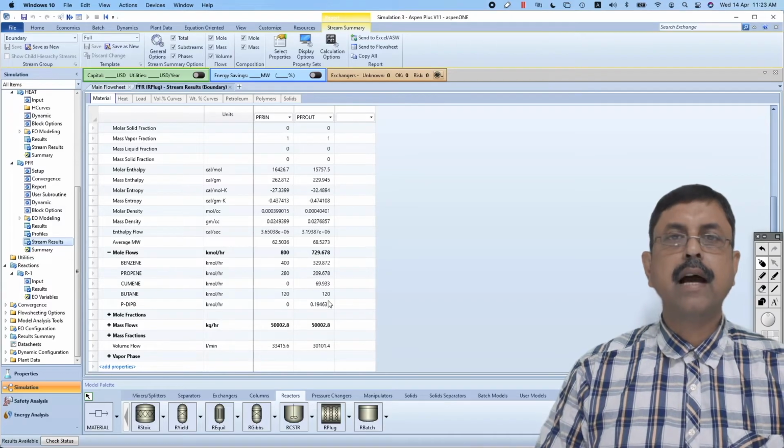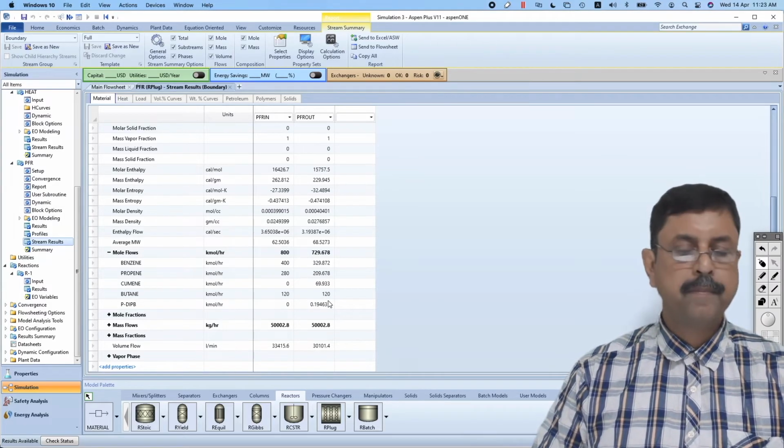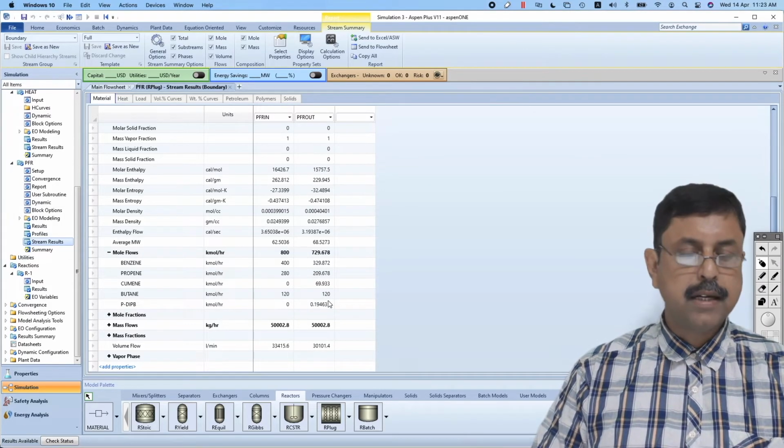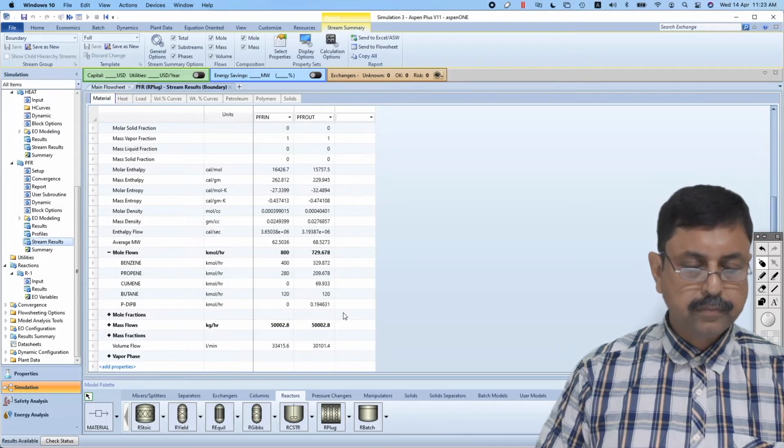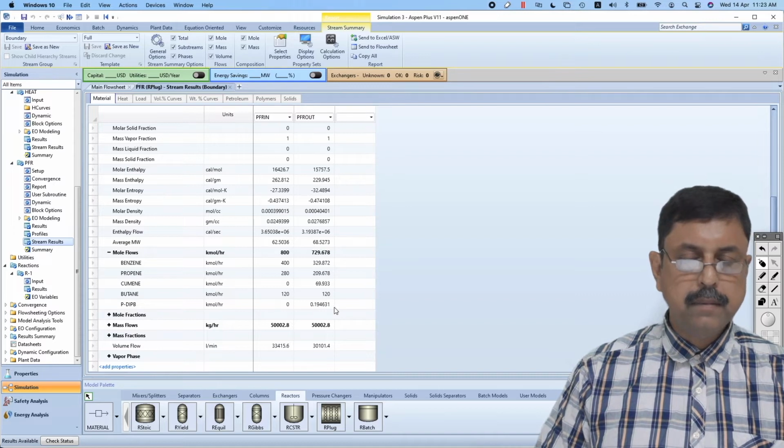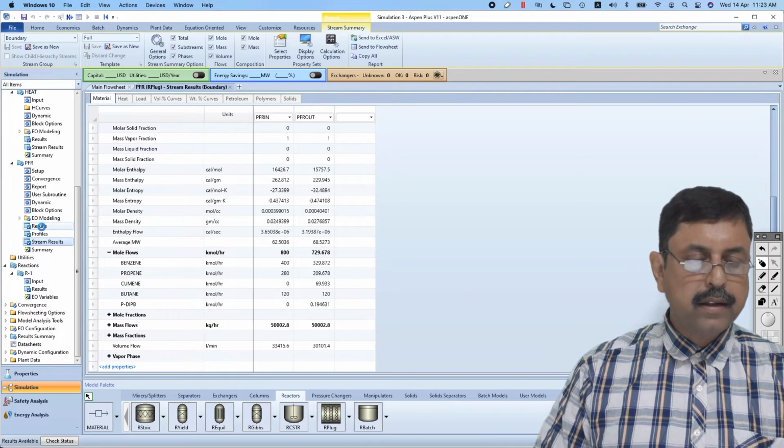Butane remains unreacted as expected because it is inert in this case, and a small amount of diisopropyl benzene also has been produced. Check the results.